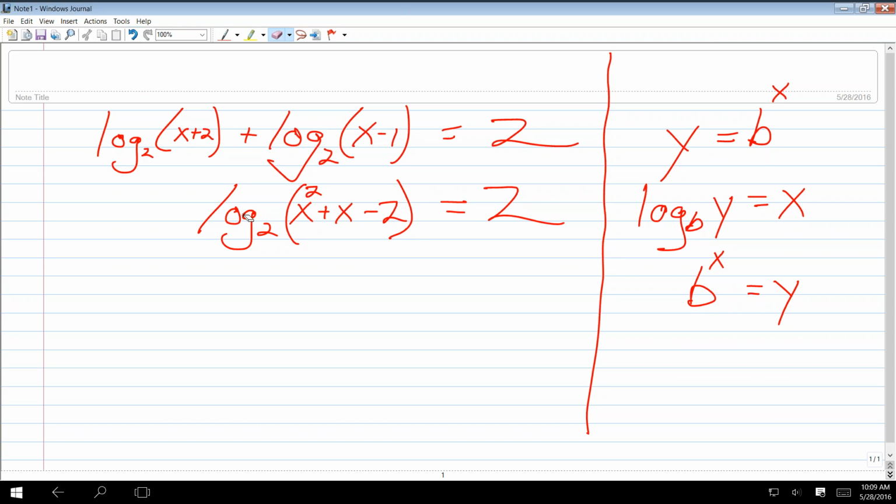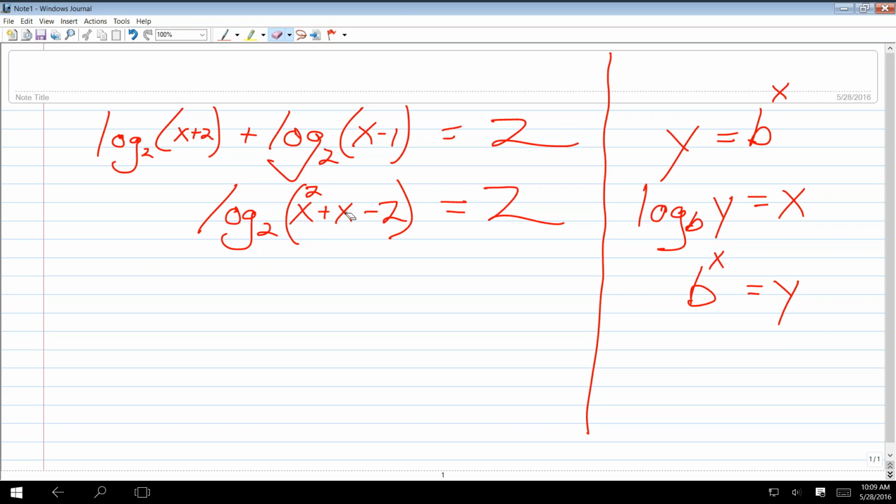Now let's take this logarithmic expression over here and apply the same concept. So x plus x minus 2 to the second. No. Let's go back again. It's the base raised to the exponent is equal to the argument.